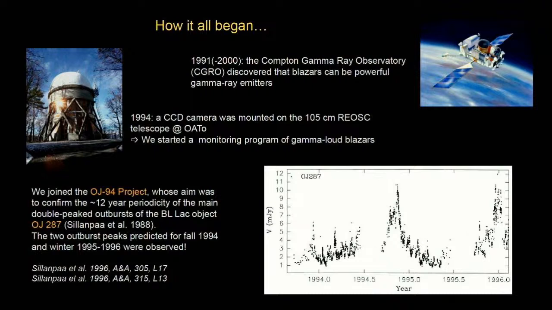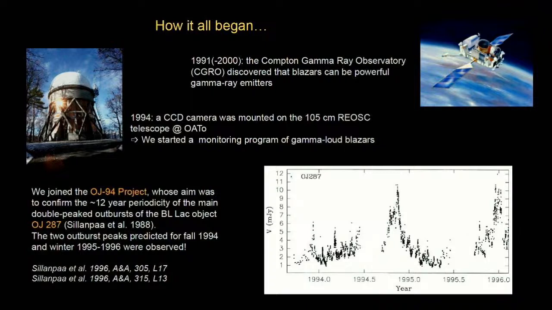Soon we joined the OJ94 project, which was led by the Finnish team. The aim of this project was to monitor OJ287 in order to be able to confirm or reject the quasi 12-year periodicity of the main double-peak flares that were predicted by Sillanpää et al. back in 1988.